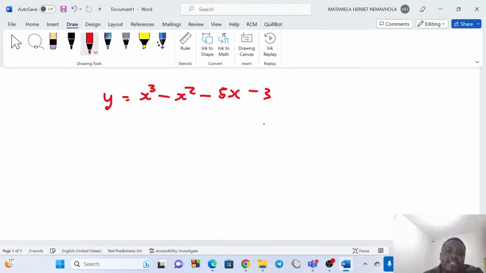So let's assume that with this equation, we are finding a tangent at x equals, now let's use 2.